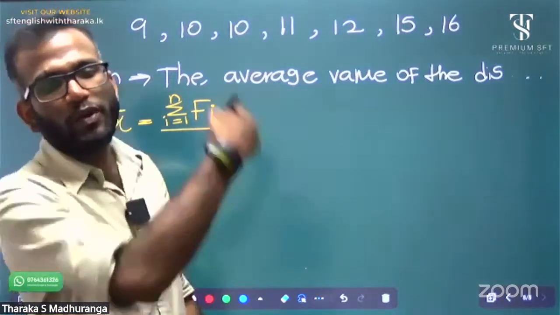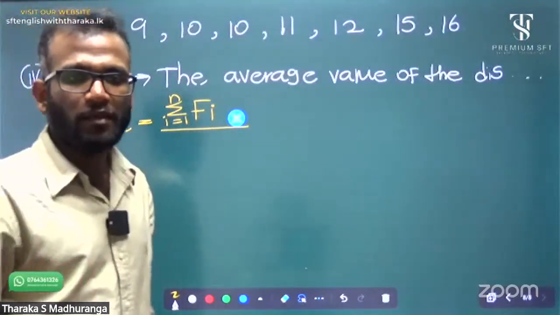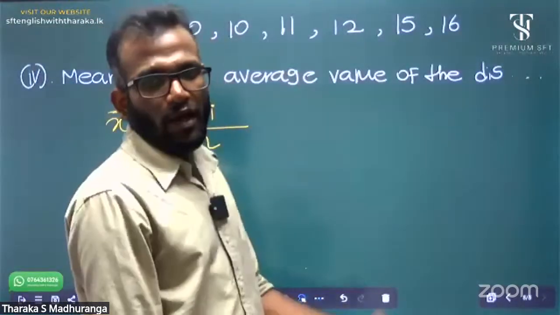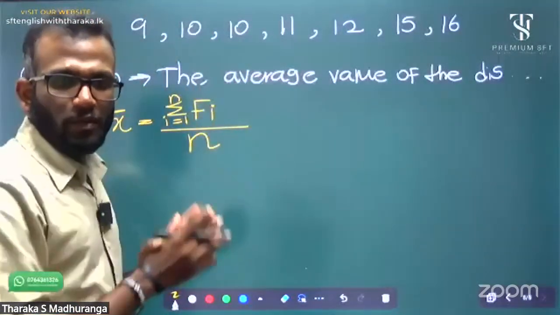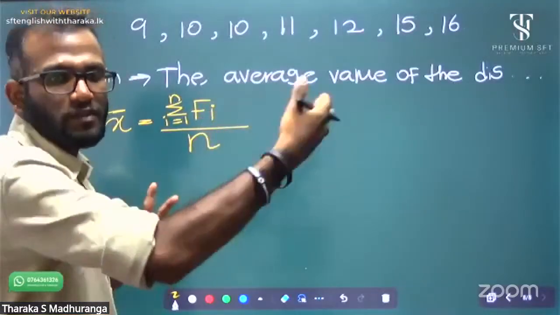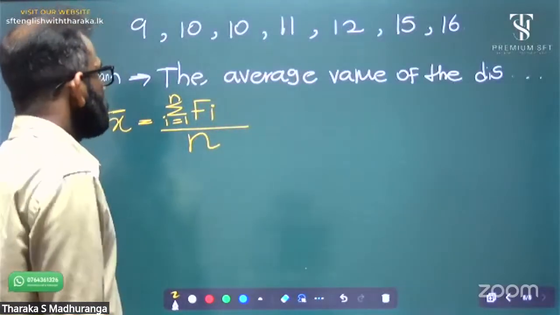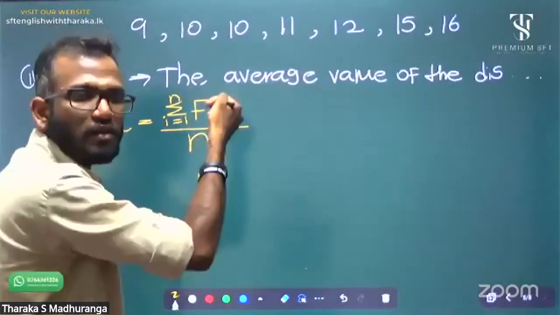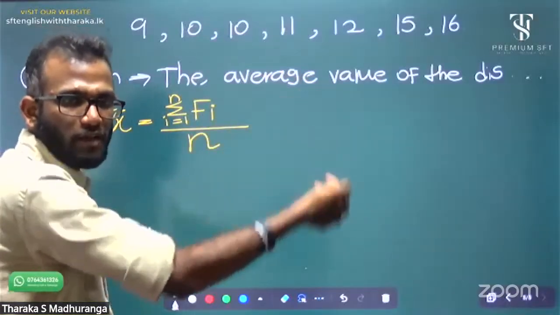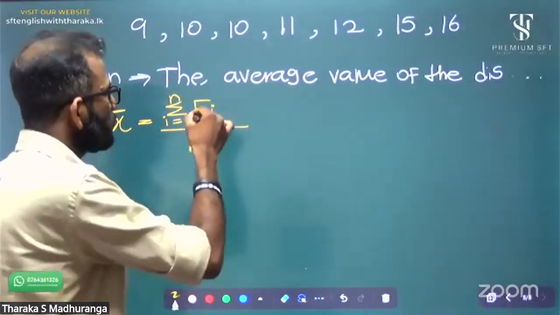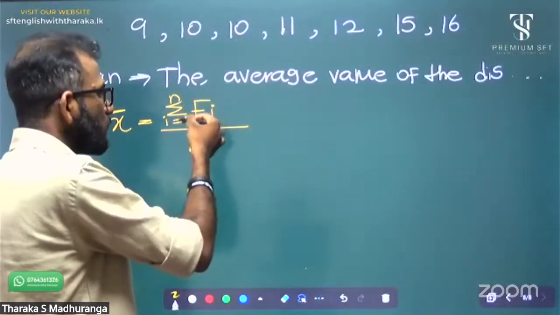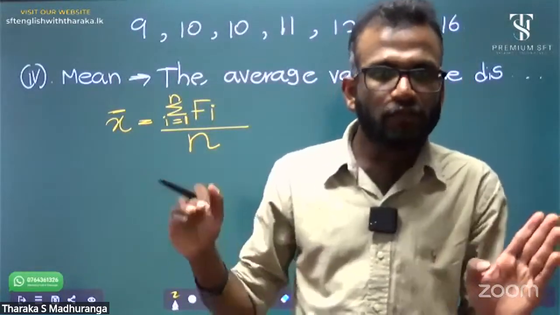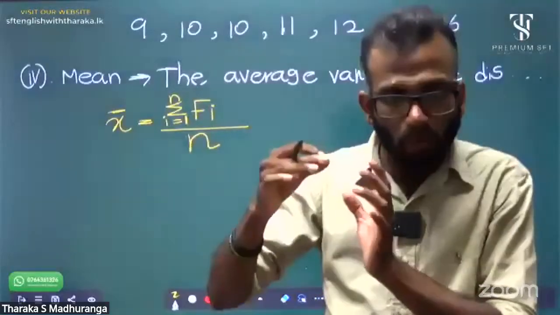I equal 1 means initiating from the first value to the nth number, all numbers.